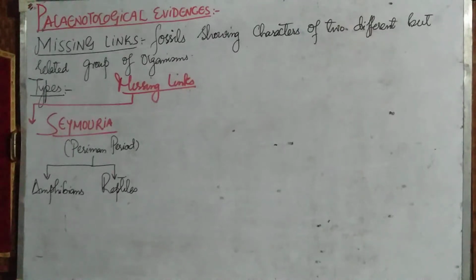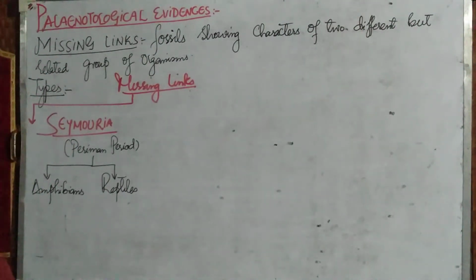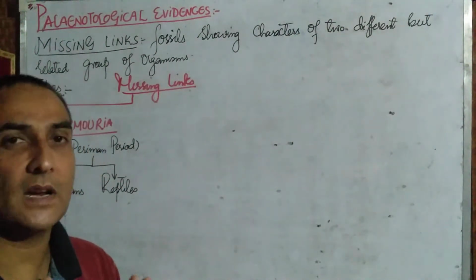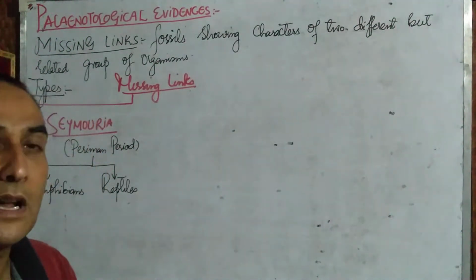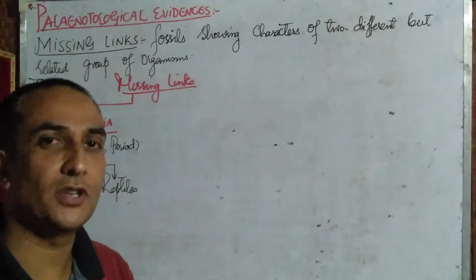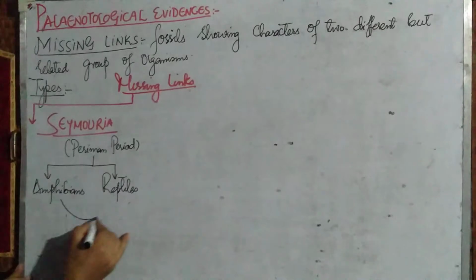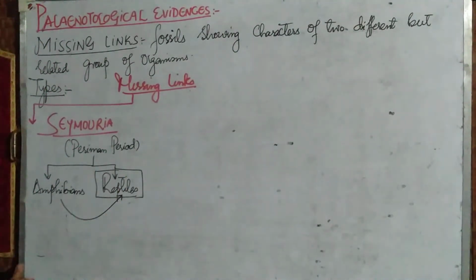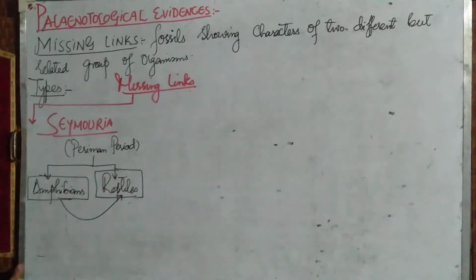So Seymouria, the Permian fossil, it showed characters of two different but related groups of organisms, means it showed characters of amphibians as well as those of the reptiles. Now what it suggests us, what makes us understand evolution by paleontological evidences, it is that this group of organisms, that's the reptiles, they have evolved from this group of organisms which we call as amphibians.